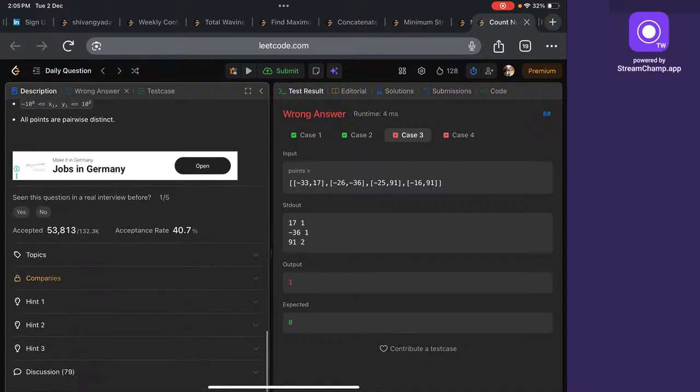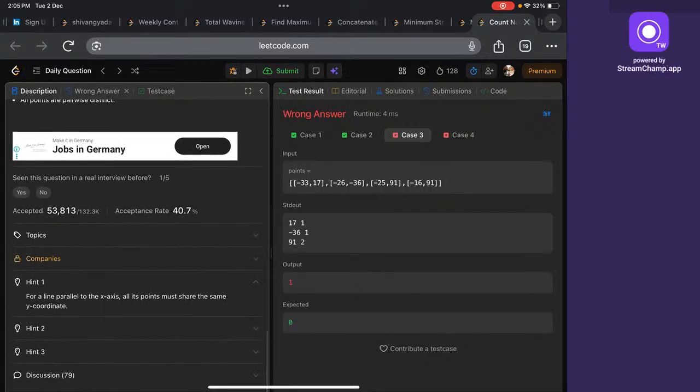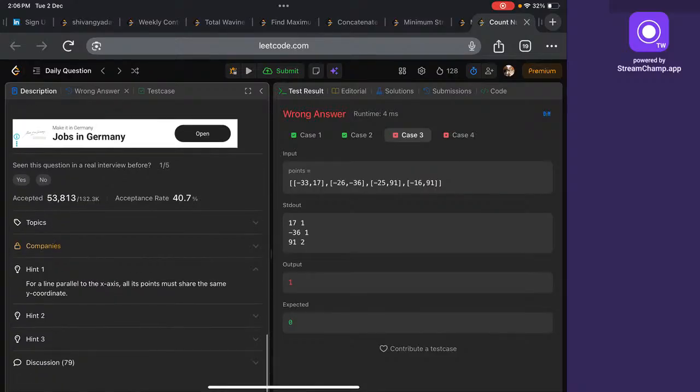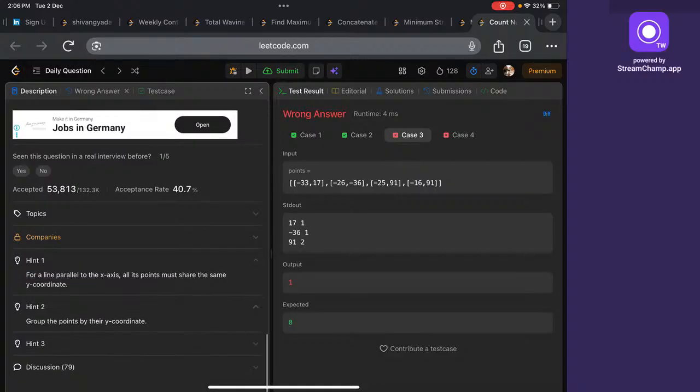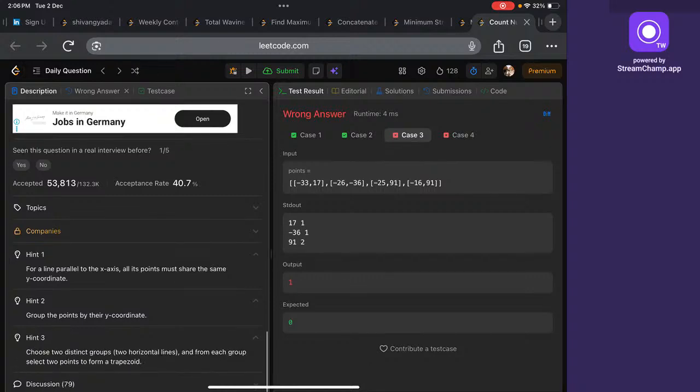Let's see the hints. Okay, for a line parallel to the x-axis, all the points must have the same y-coordinate. I did it. Group the points by y-coordinate. Choose two distinct groups to be horizontal.